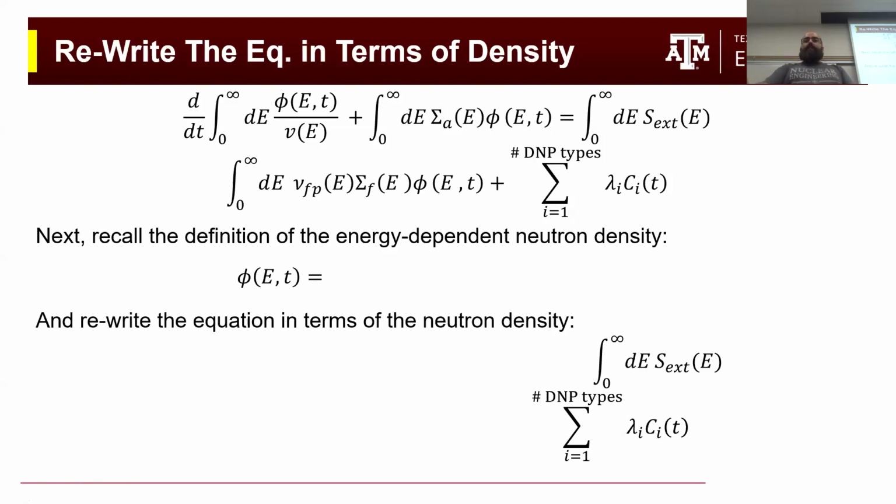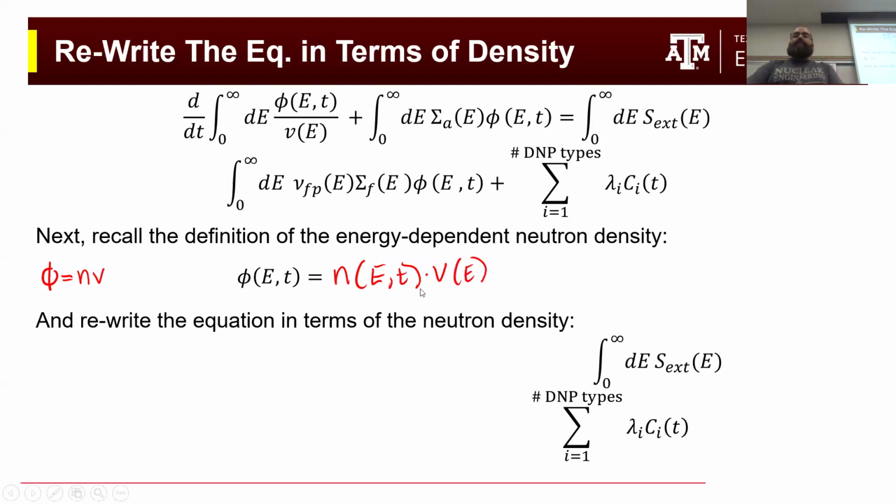And then to move forward, I'm going to recall that my energy dependent neutron density, which is the phi of E and t, just like before with the scalar flux where we said phi equals N times v, we can also do that for an energy dependent scalar flux. It's just that I end up with a neutron density that's energy and time dependent times a speed that also is energy dependent.